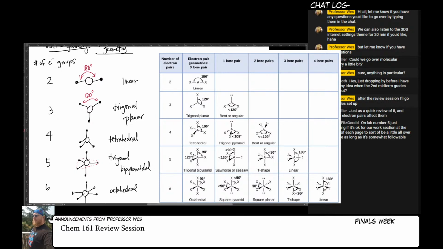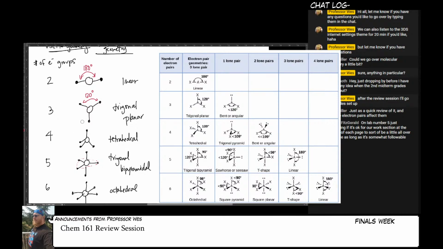On the left, we have the electron group geometry or electron pair geometry. I call it the VSEPR geometry. That's just the family that the molecule belongs to. Now, if you have no electron pairs, then all of the atoms that are bonded to the central atom are going to be in those little spaces where these circles are.